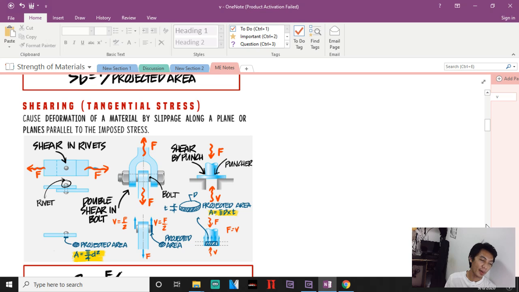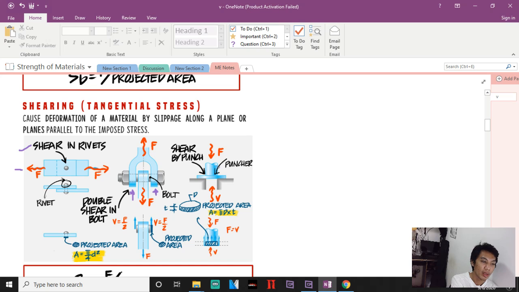Okay? Kapag scissors, meron yan dual shear. Scissors, gunting. Okay? Now, meron tayong shear on rivets. Okay? Ibig sabihin, dalawa yung forces na makasisira ng iyong material. Pagdating naman dito sa iyong clevis ang tawag dito. Okay? Meron tayong double shear. Ano ba yung double shear na yan? Ibig sabihin, affected itong part na ito, at itong part ito ng force.